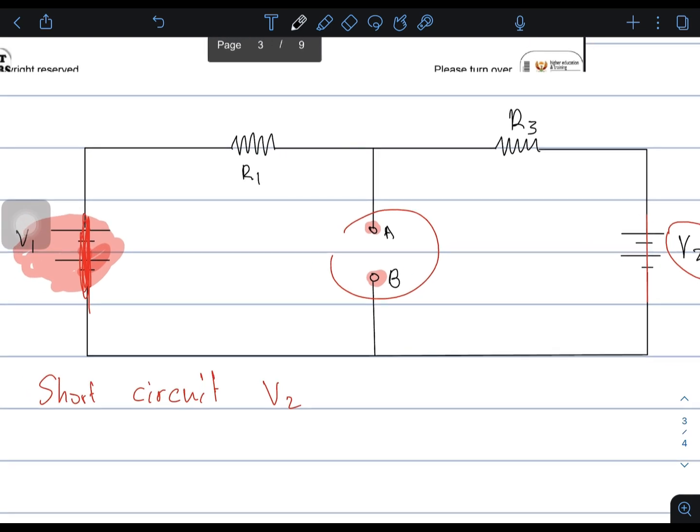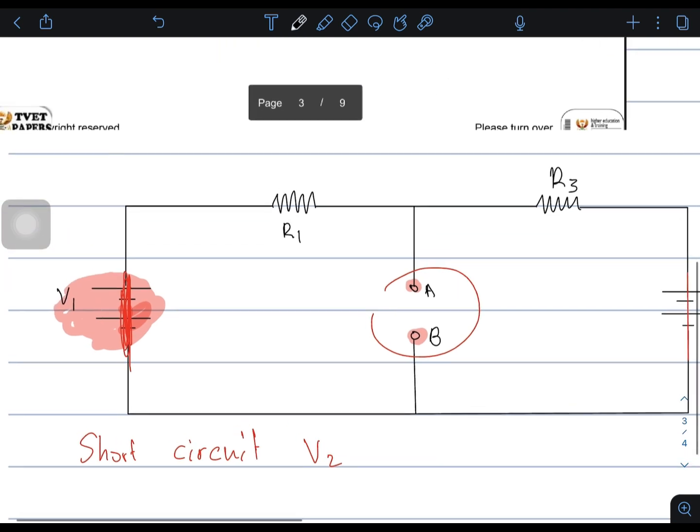After finding the Thevenin voltage, we have to calculate the Thevenin resistance. To calculate the Thevenin resistance, we short circuit all the voltage sources.